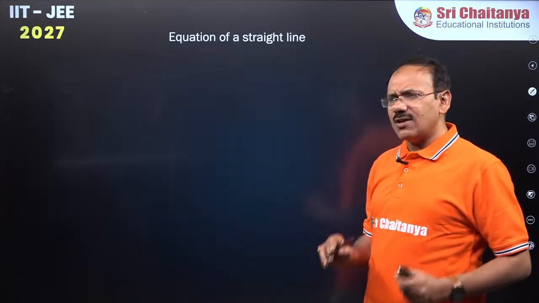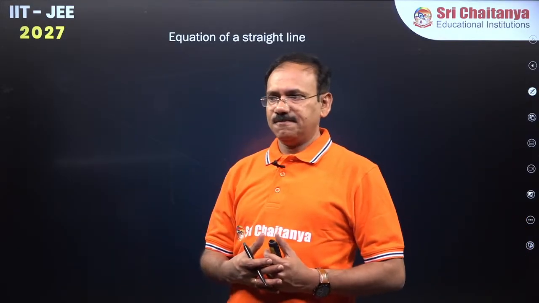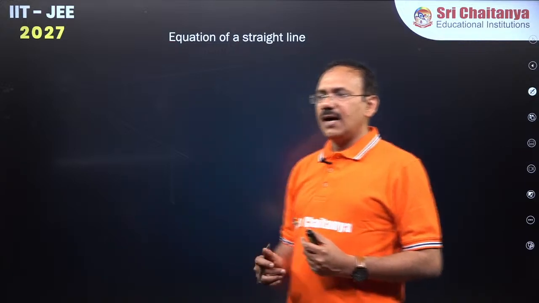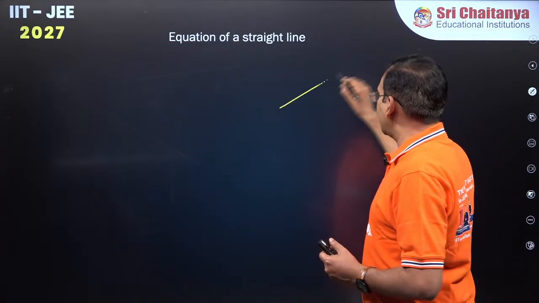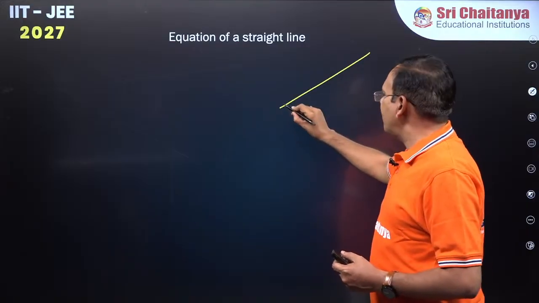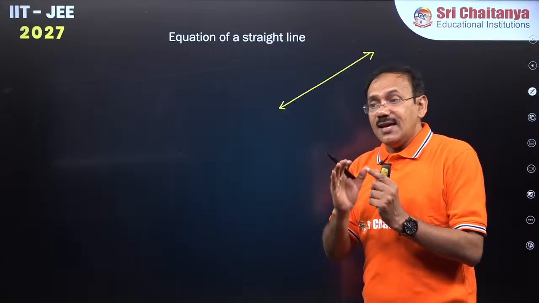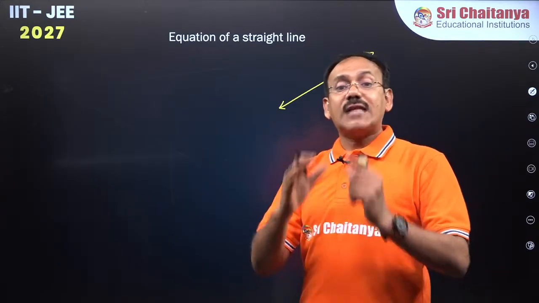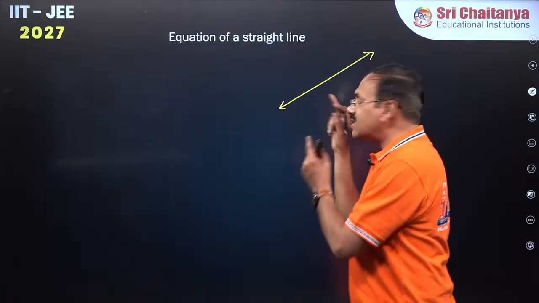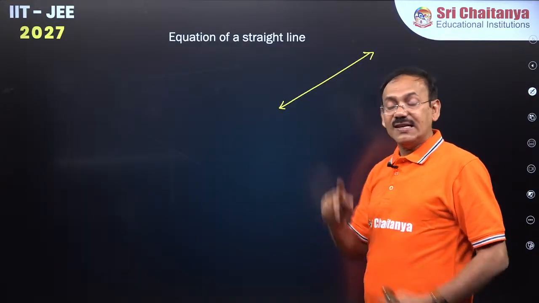Now, equation of a straight line. What do you mean by equation of a straight line, guys? Equation of a straight line means, suppose you take a straight line, it contains infinitely many points. So finally, equation of a straight line is a condition that is satisfied by each and every point on the line, correct?